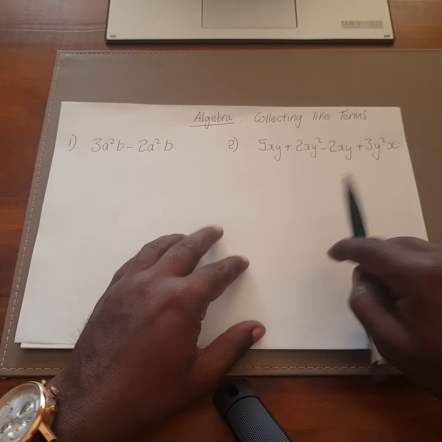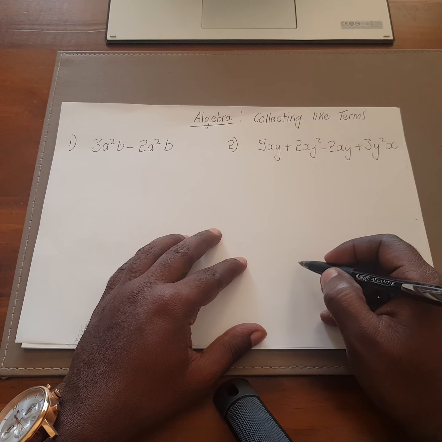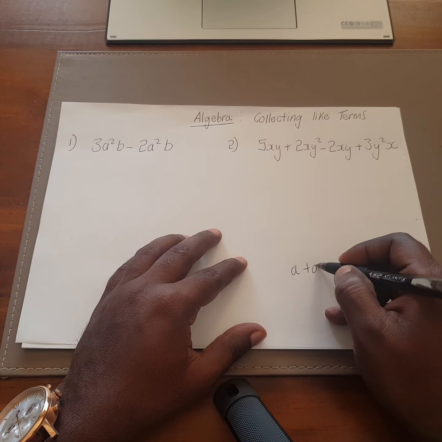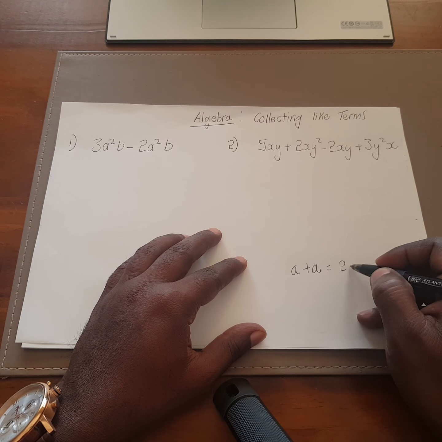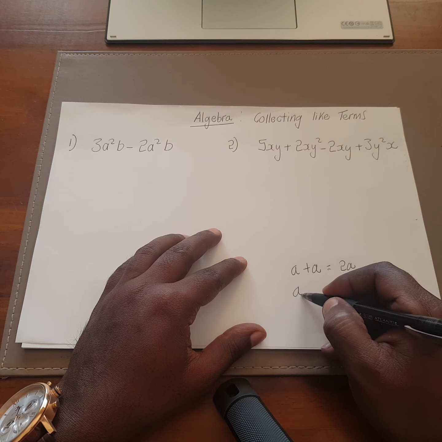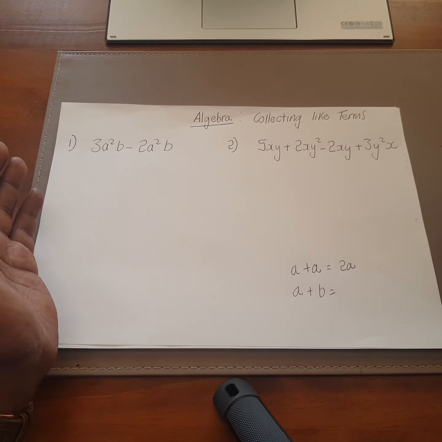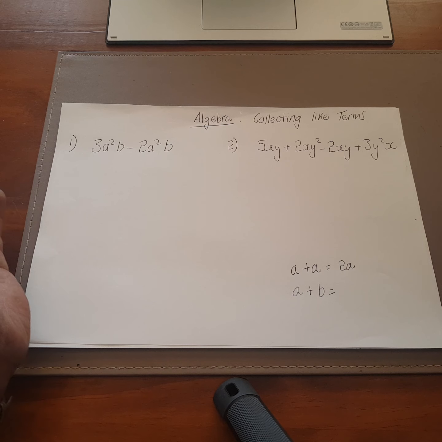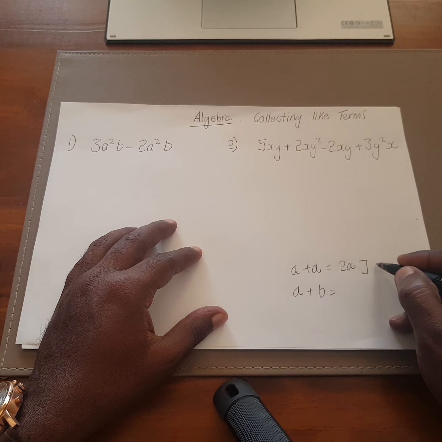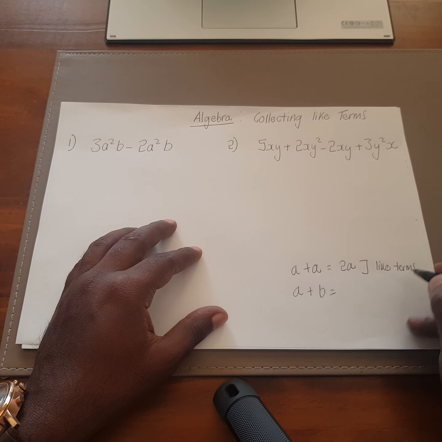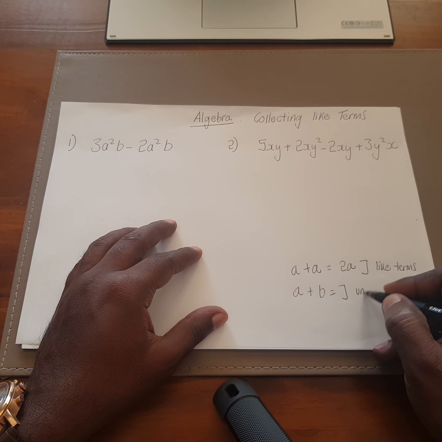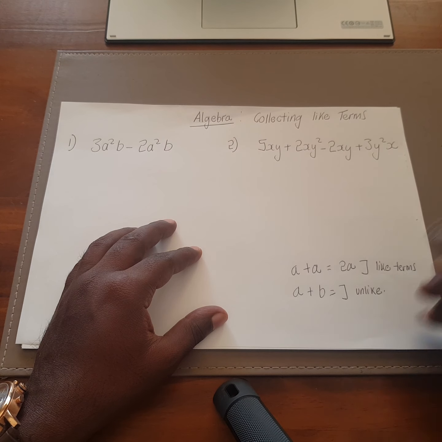So if you look at a simple question here, a plus a, that's going to be 2a. But if you've got a plus b, you can't simplify any further, because they are unlike terms. So these two, we refer to them as like terms, and these are unlike terms, and therefore we can't simplify.